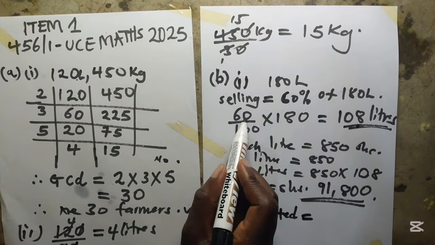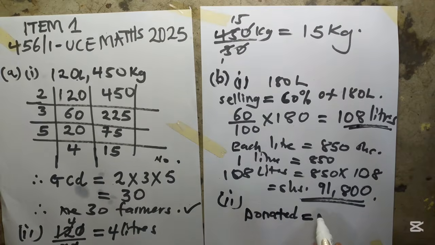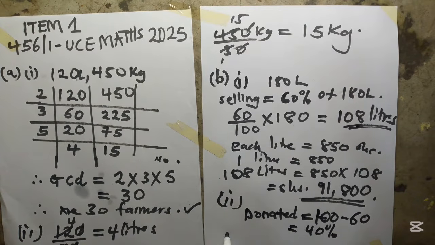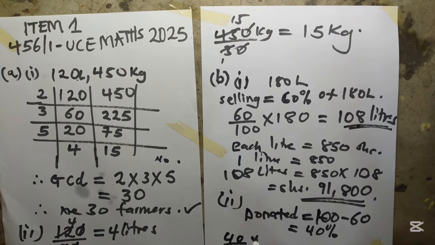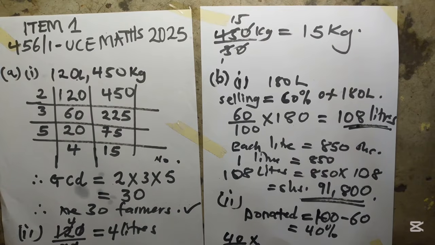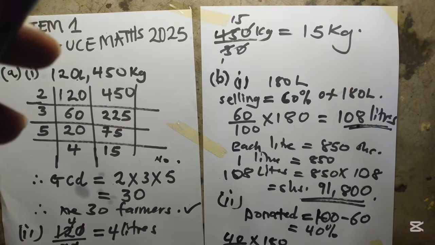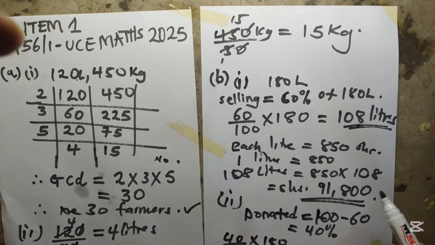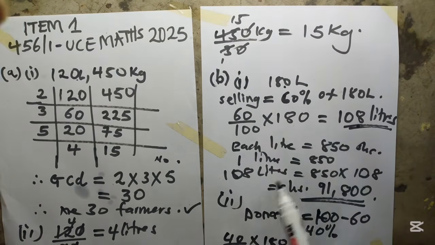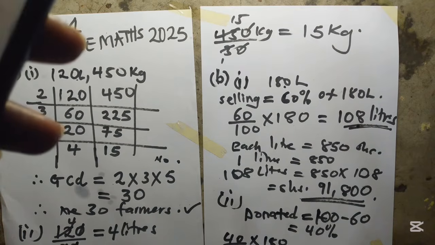He sold 60%, so the remaining amount is 100 minus 60, which gives 40%. Next you multiply this 40% by the total milk, 180 liters, or simply you can get the total number of liters minus 108. Any of the two, you get the same value.